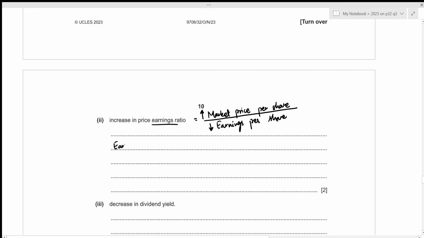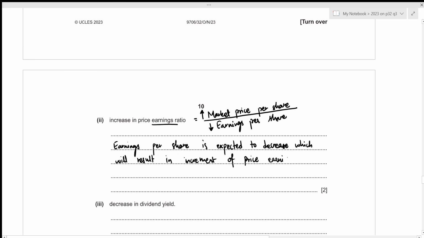So earnings per share is expected to decrease, which will result in increment of price earnings ratio. Further, our company is focusing on expansion.